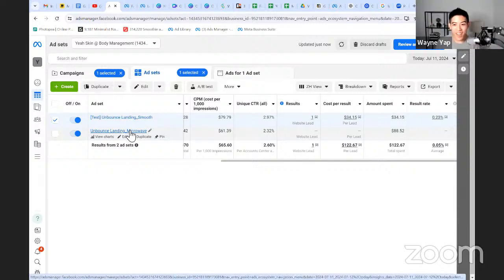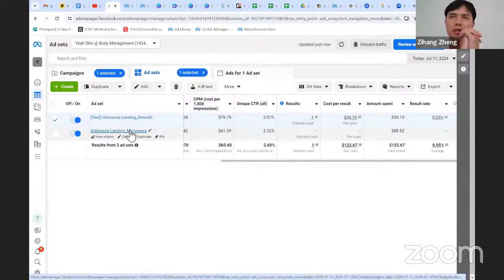For me, when it's one website lead at $9, that is not a winning campaign at all. It's not anywhere close, because it's just one. Really, anything can happen, so I wouldn't give a lot of weight to that data point. Okay, so just let it run more and see how it goes.